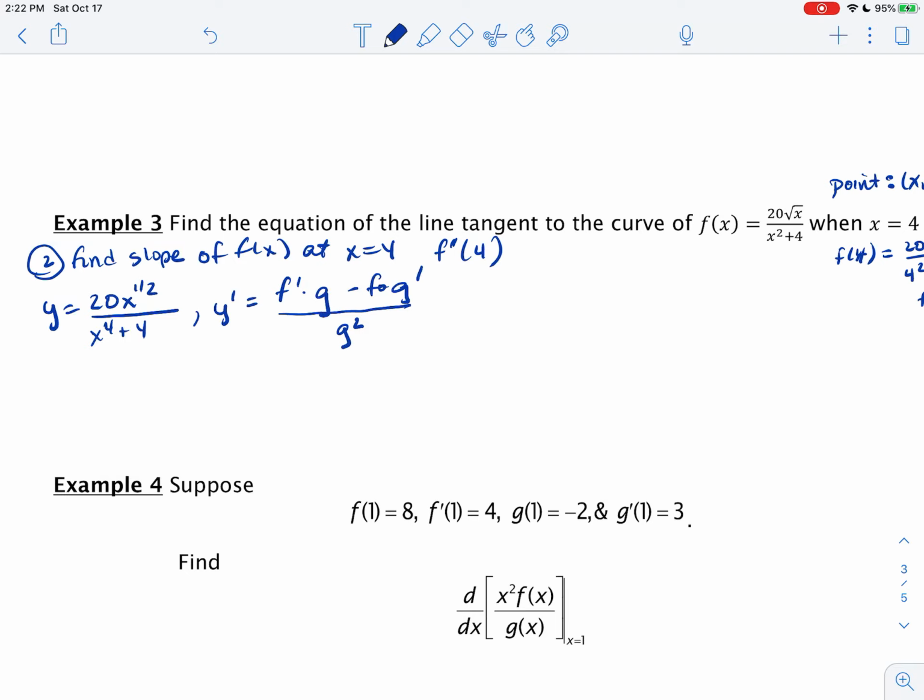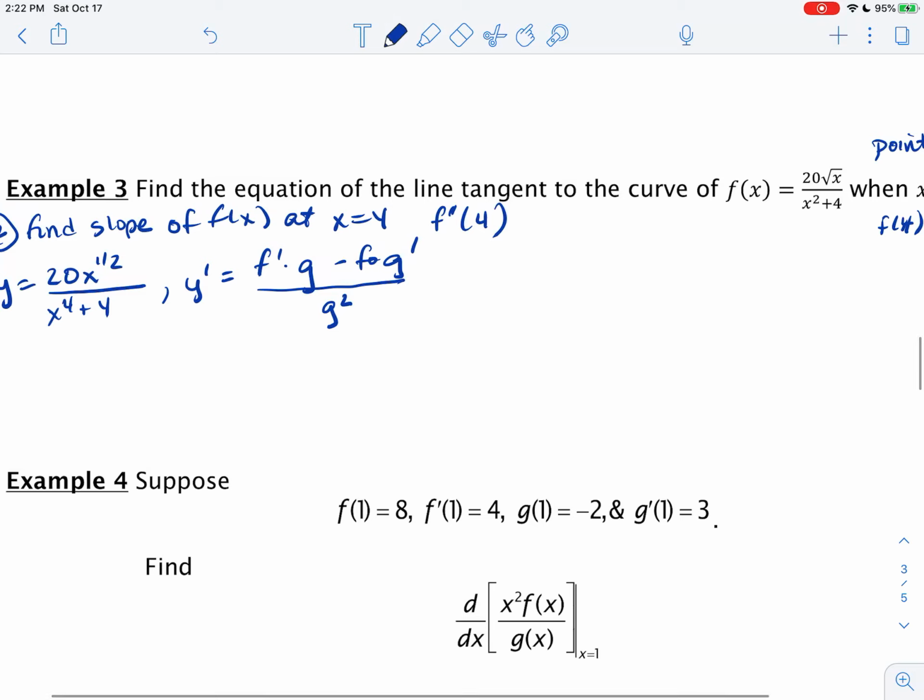I'm saying that a lot to get you guys to memorize. And then I'm going to plug those values in. So the derivative of the top there is going to be 1/2 times 20, which is 10, x to the minus 1/2. That's the derivative of the top times the bottom.